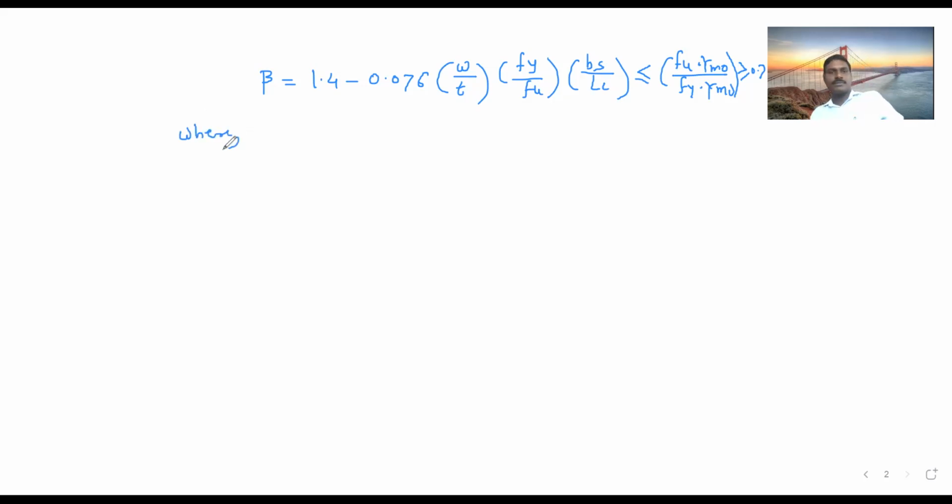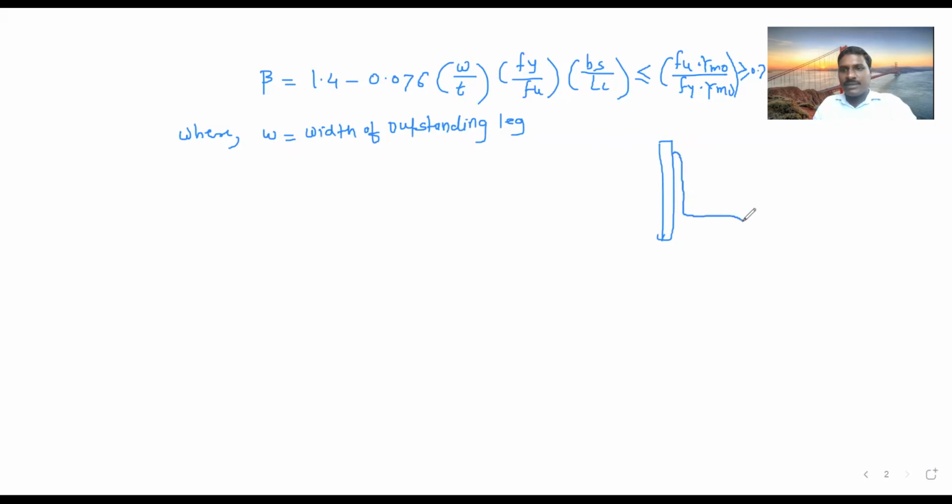So what is the first unknown in the beta? That is the w. What is w? w is the width of the outstanding leg. So where is the outstanding leg? We have seen this plate, to this plate this angle we have connected.